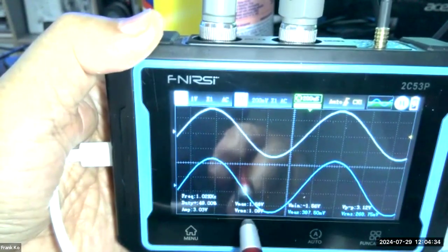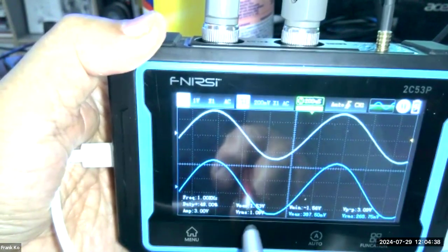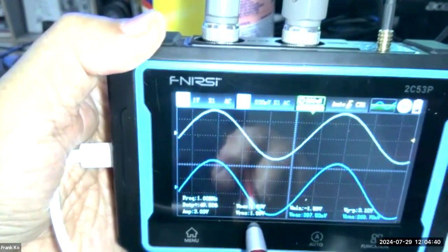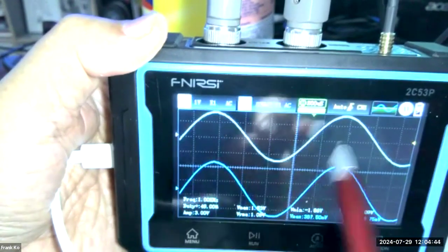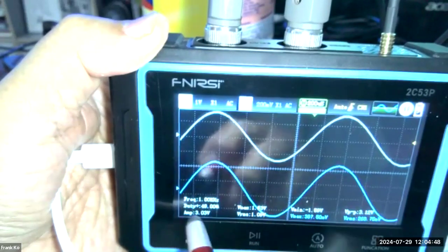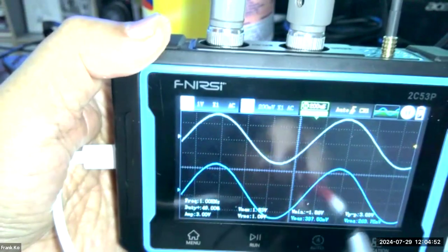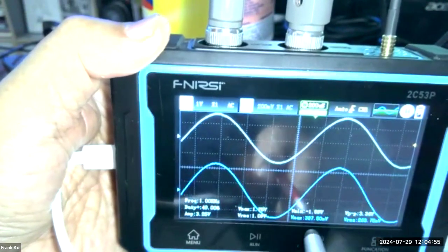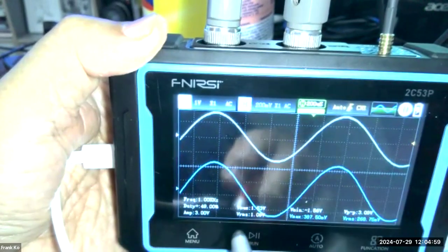It tells us right over here Vmax at 1.53, my VRMS for channel 1. All my channel 1 information is this light blue, and it's all of this light colored information down here. The darker blue information, the darker blue waveform, I have two pieces of information here, which are its V peak and its VRMS.